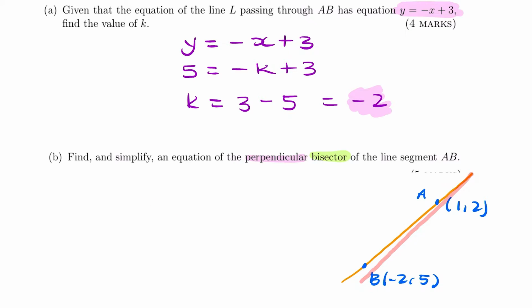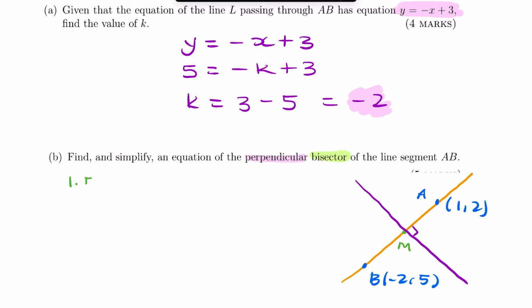The perpendicular bisector will have to pass through the midpoint, M, and needs to be obviously at right angles. It needs to be perpendicular. So we need to find the gradient of AB and then invert it to find the gradient of the bisector. So let's plan this out. So 4 steps.